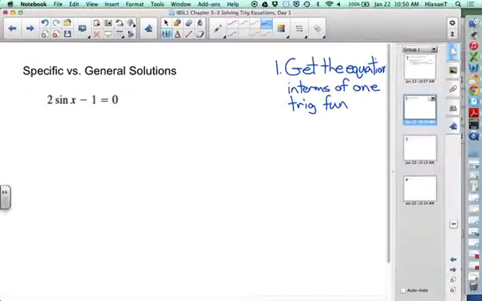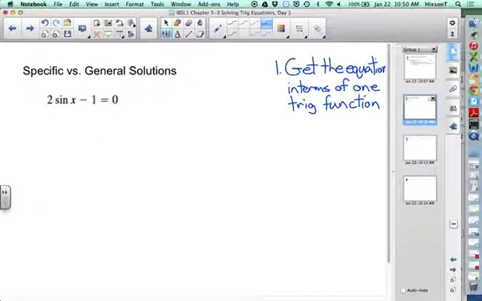Now, if we're given stuff with tangents and cosecants or whatever, how would we get that all in terms of one trig function? Turn them into cosine.